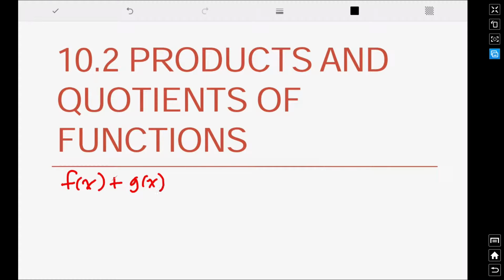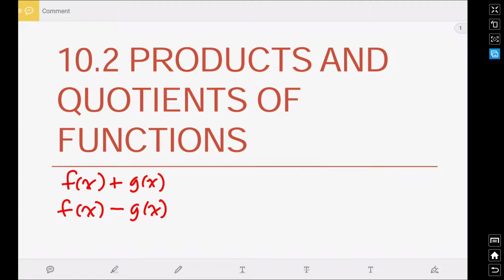Then we expanded that into subtraction of functions, which is f of x minus g of x. So, function addition, function subtraction. Today we're going to talk about the product and quotient of functions, which is unsurprisingly very similar to how we add and subtract functions. Let's get right to it.